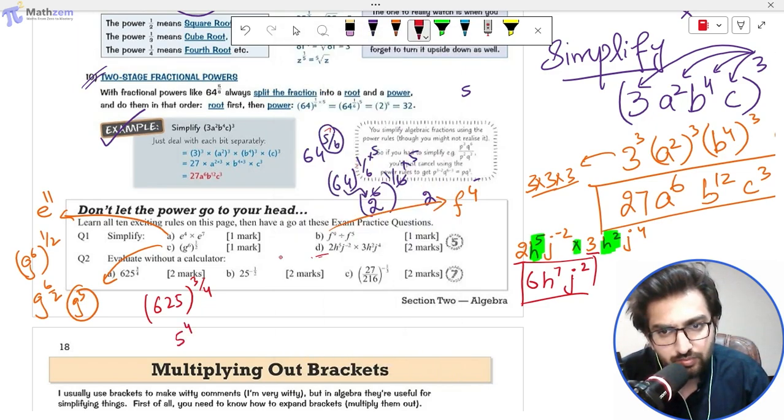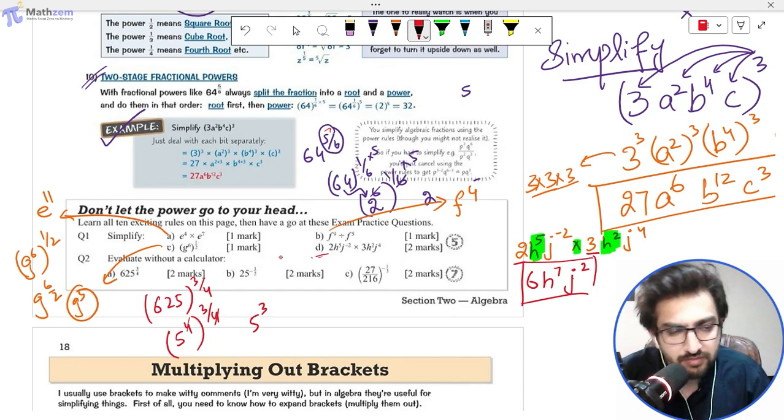And why 5 to the power 4? Because I want to take the 4 here in order to cancel out with that 4. So 5 to the power 3 now, and 5 to the power 3 is 5 times 5 is 25, 25 times 5 is 125. That is the answer.